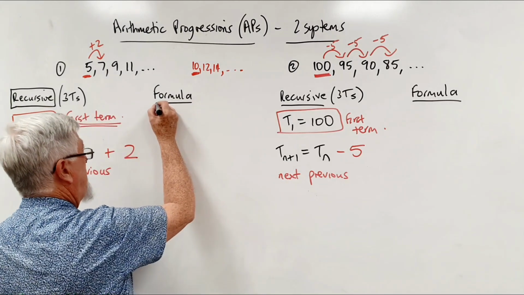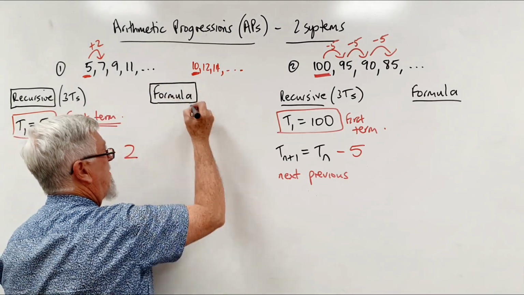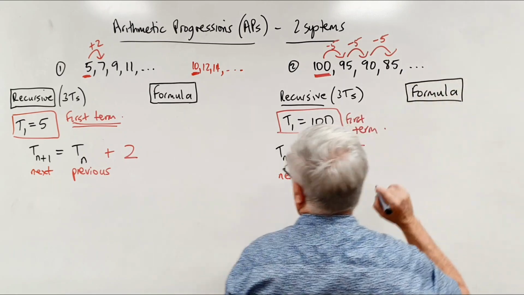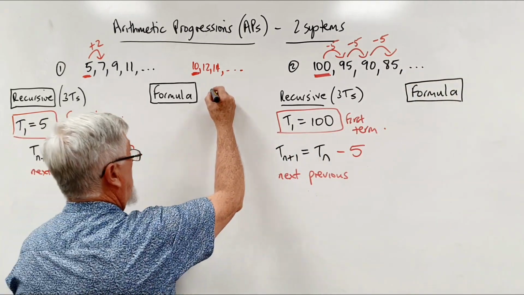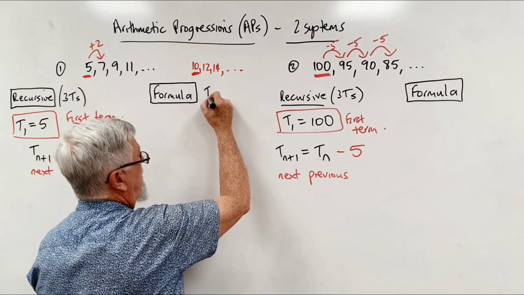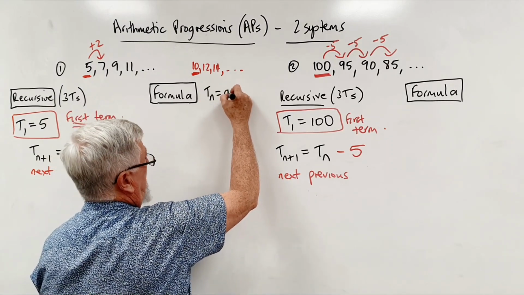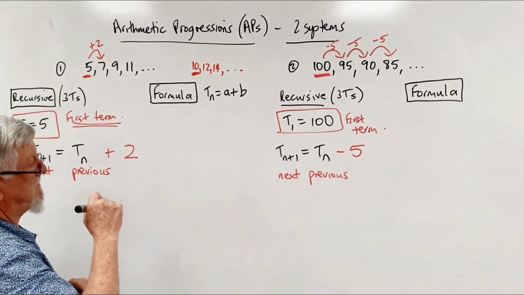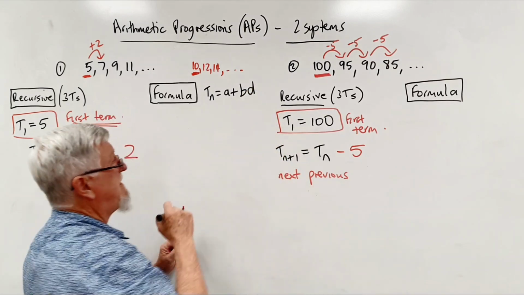Now, here in Western Australia, we'll have questions over and over again to write the formula. Sometimes they'll confuse people and they'll say to write it in the form Tn equals A plus B, they could write anything.